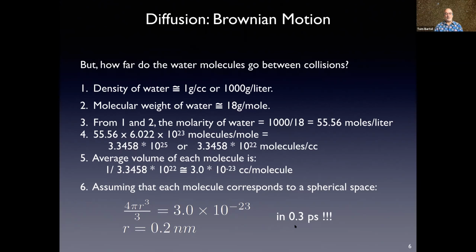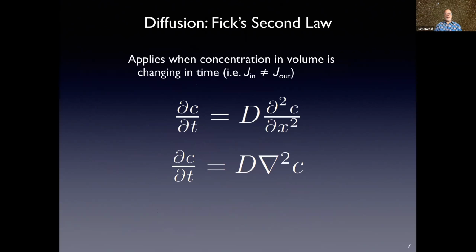But let's look at this from the point of view of statistical mechanics and the Fick's laws of diffusion, also closely examined by Albert Einstein at the turn of the 19th to 20th century.